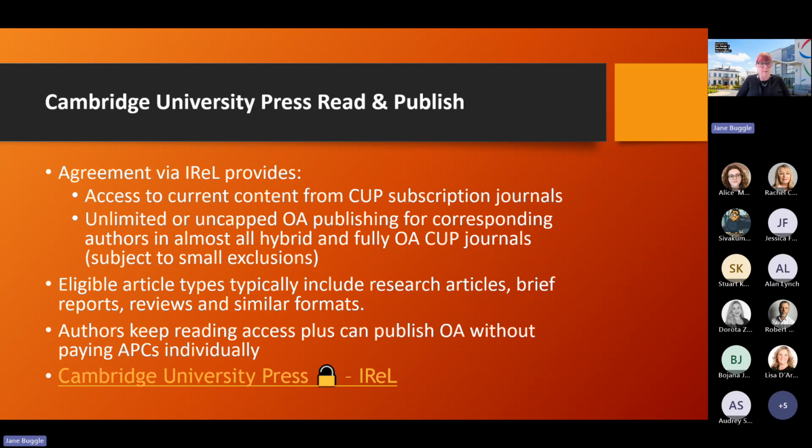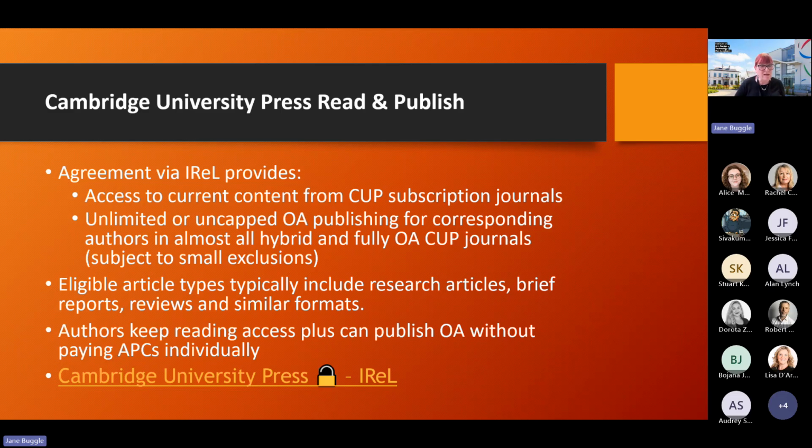There are some small exclusions, so you need to keep an eye on that. Eligible article types typically include research articles, brief reports, reviews, and similar formats. And authors can read, plus they can publish OA without paying article processing charges.